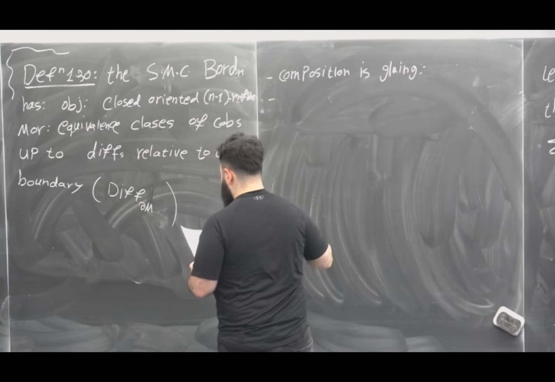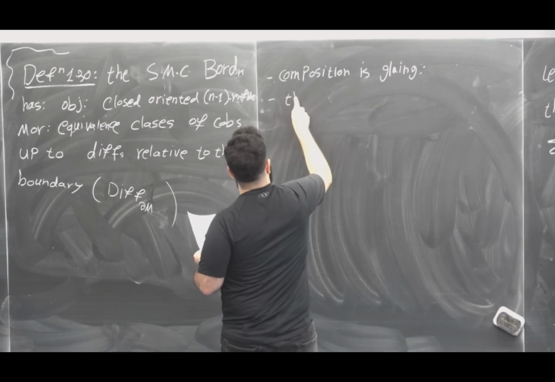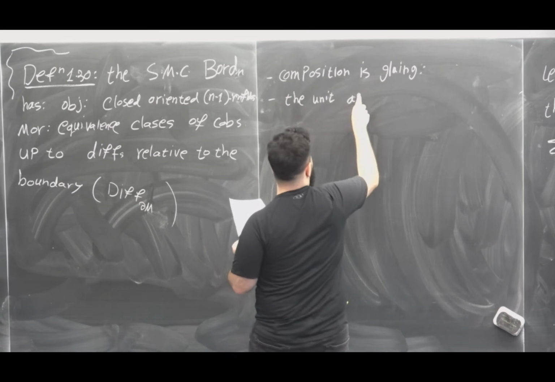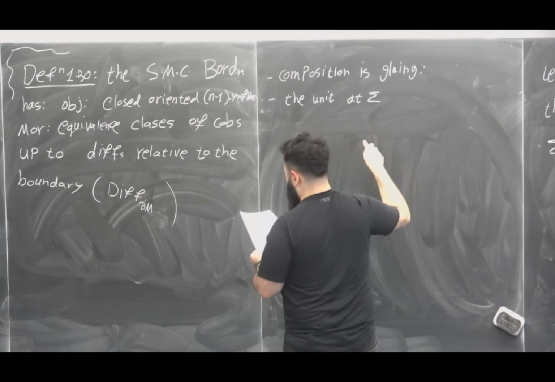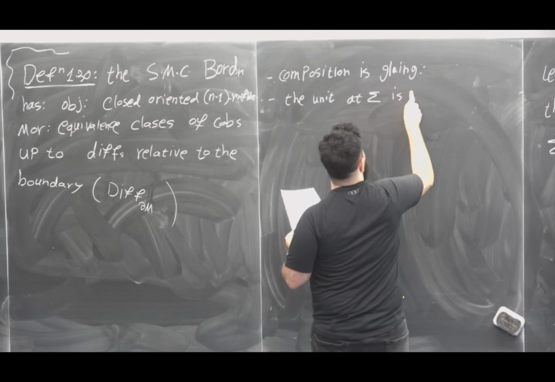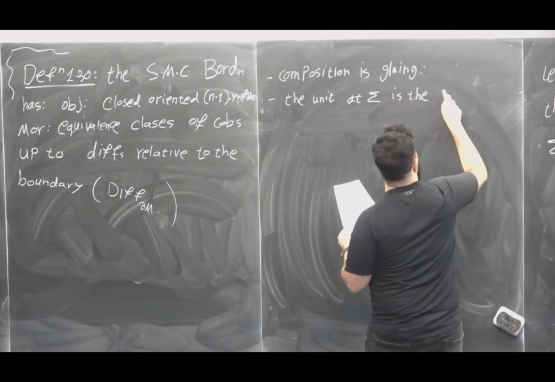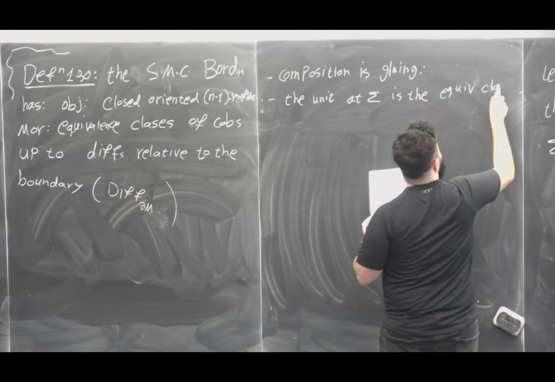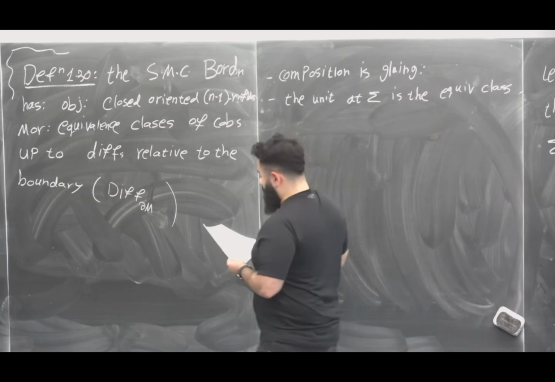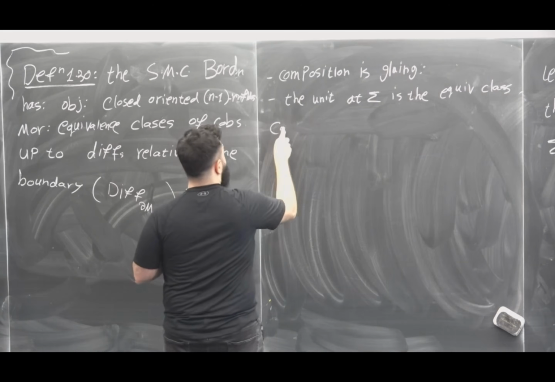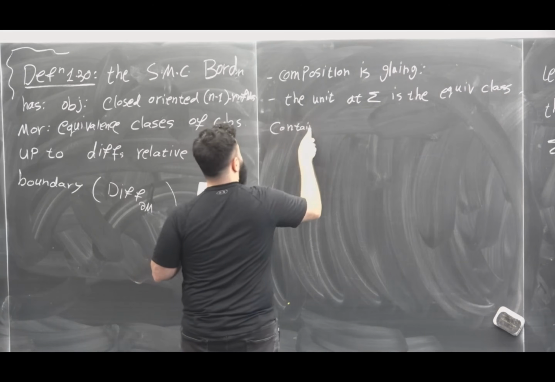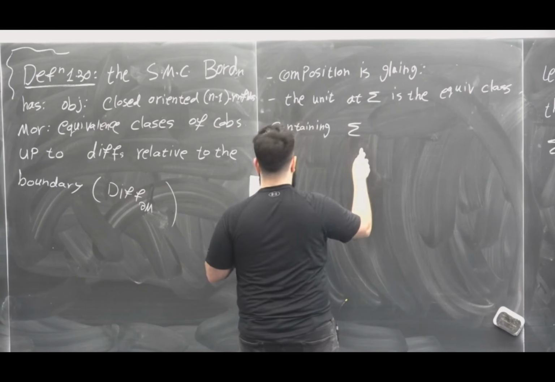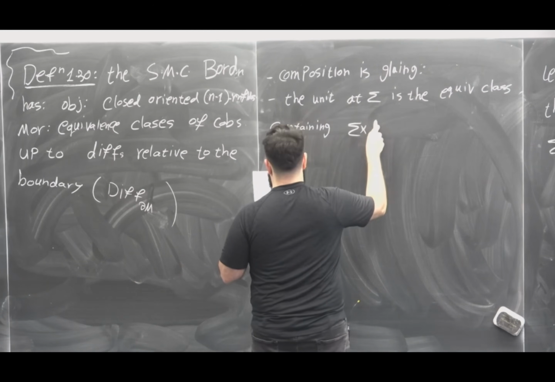The unit at sigma is the equivalence class containing the collar neighborhood around sigma.